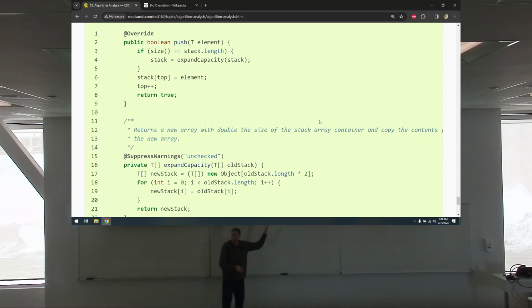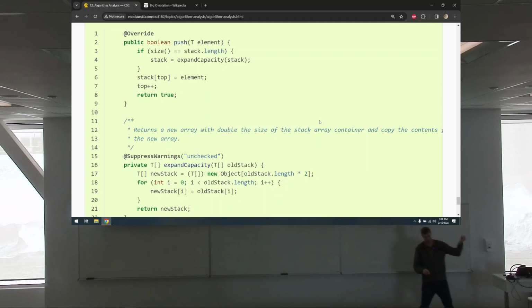So based on what you see here, which of the two implementations has a better computational complexity? The link structure. To clarify, the push and the pop of the link structure were constant. The pop from an array structure is constant, but the push for the array structure might be linear, right?